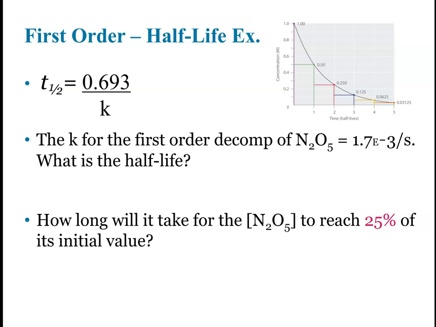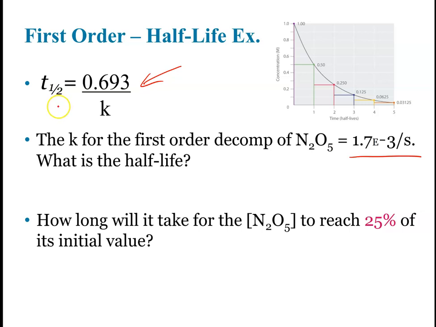Let's look at an example for a first-order reaction. Again, this is the equation for the half-life of a first-order reaction. It says the K for a first-order decomposition of N2O5 is 1.7 times 10 to the negative third per second. What is the half-life?